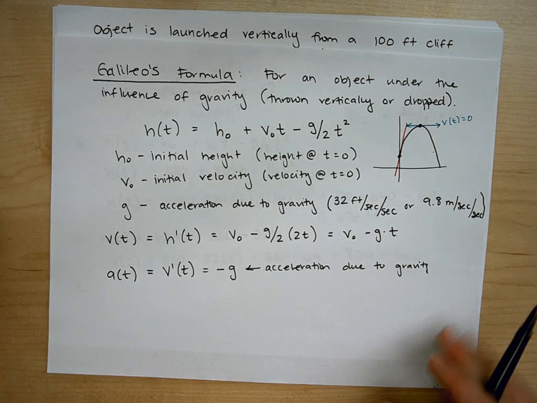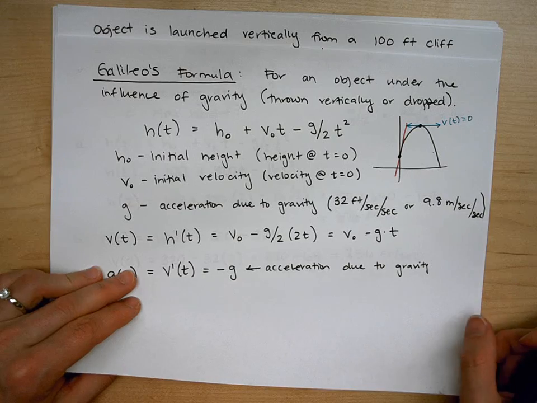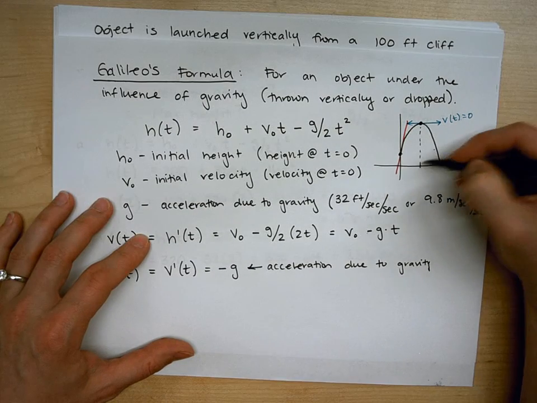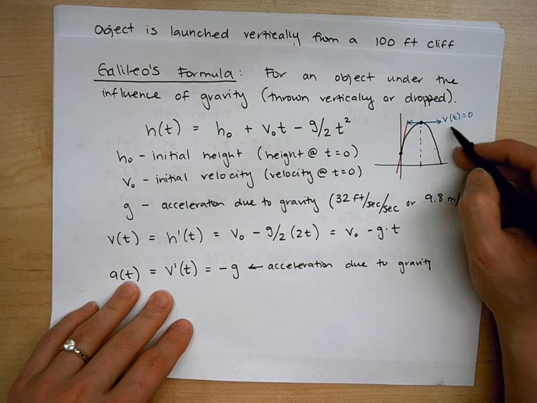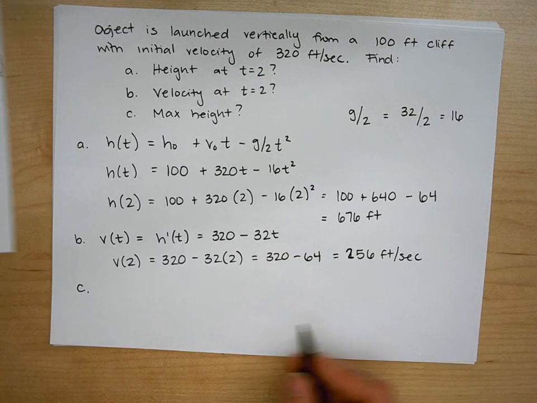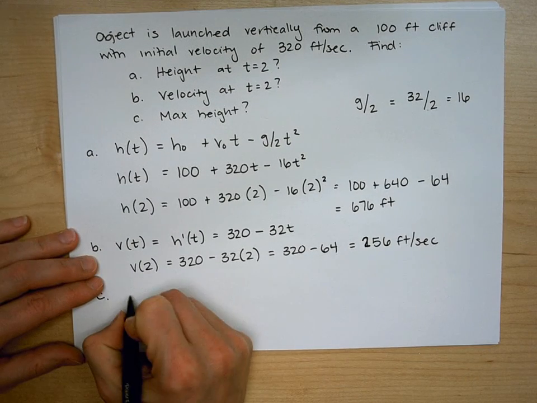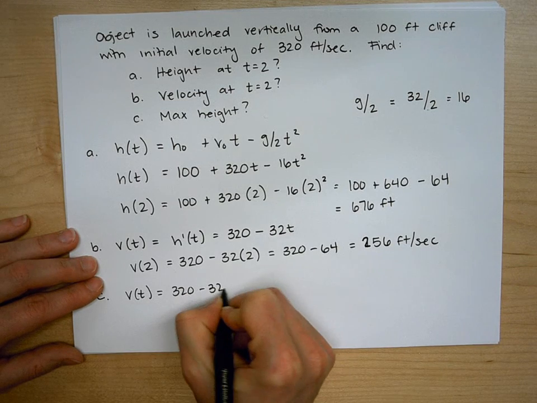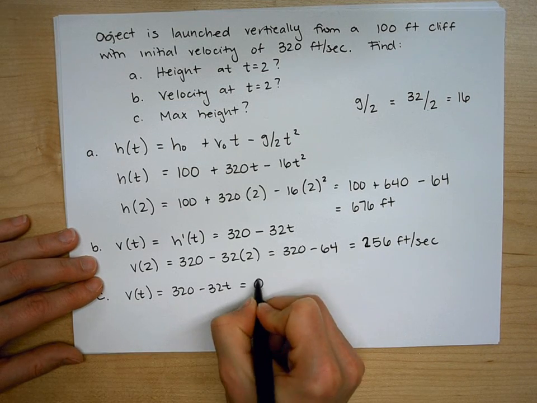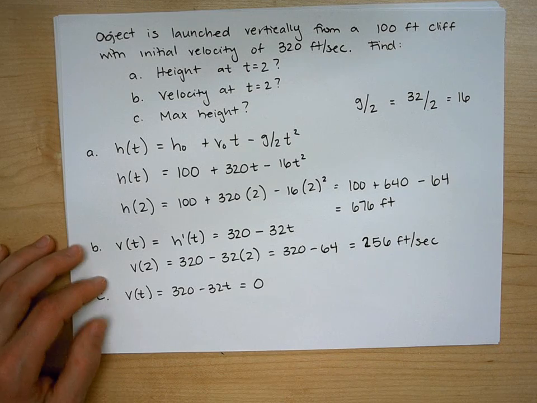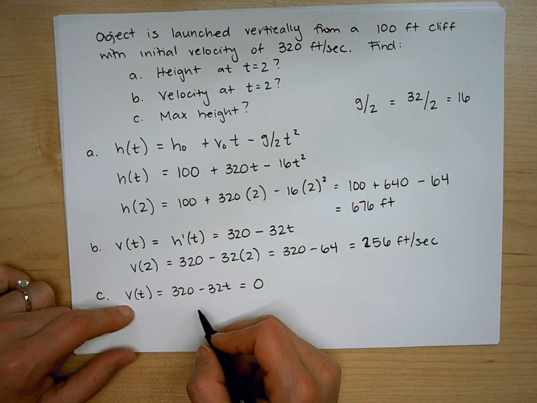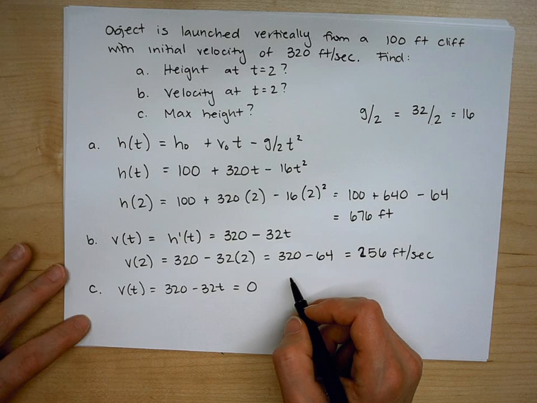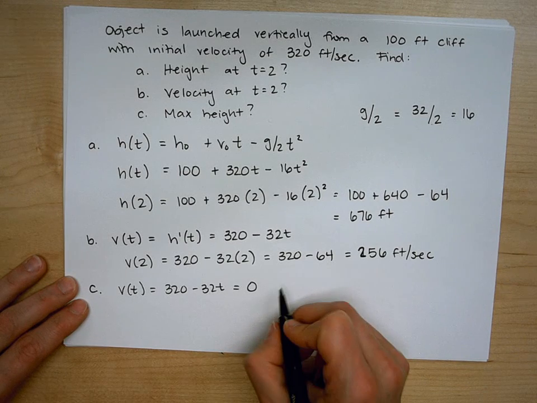So that might be a good way for us to find the maximum point, or at least to find when it occurs: we can figure out, well, when is the velocity equal to 0? So let's come back over here. We have our velocity equation, 320 minus 32t. And if I set that equal to 0, then that'll tell me when the velocity is 0, or when we're experiencing that horizontal tangent line. That would be at the top, at the maximum point. So let's go ahead and solve this.